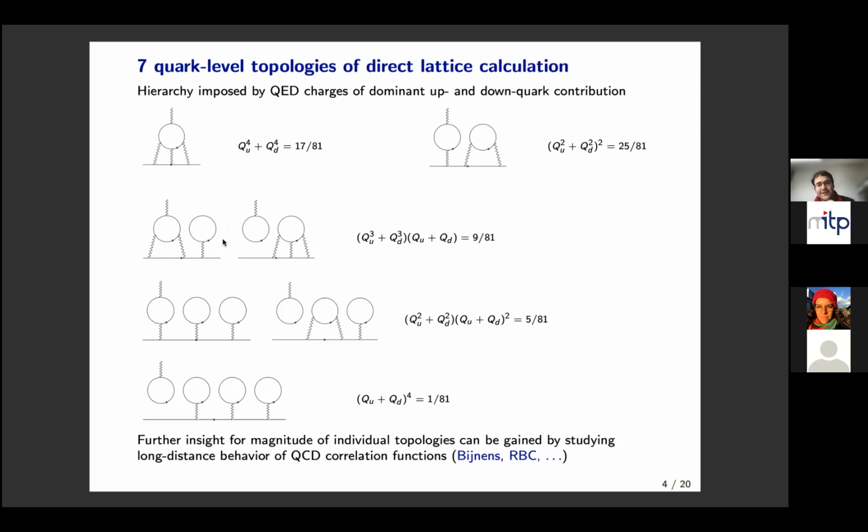Now, the more tadpole type diagrams you have, the more you have the SU(3) type suppression, and the further suppressed these diagrams are. The top two don't have this kind of suppression. Currently, for the Lattice QCD calculations, there are, of course, more results for the top line, but also estimates for the subleading corrections are now available.